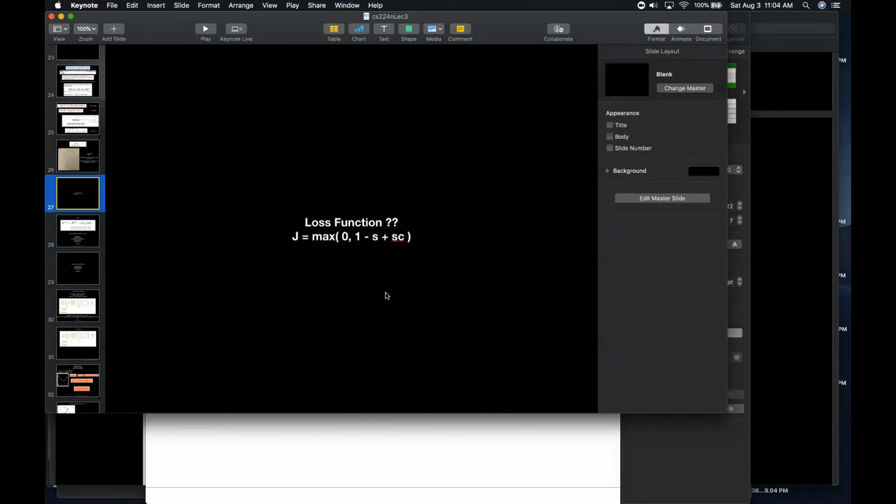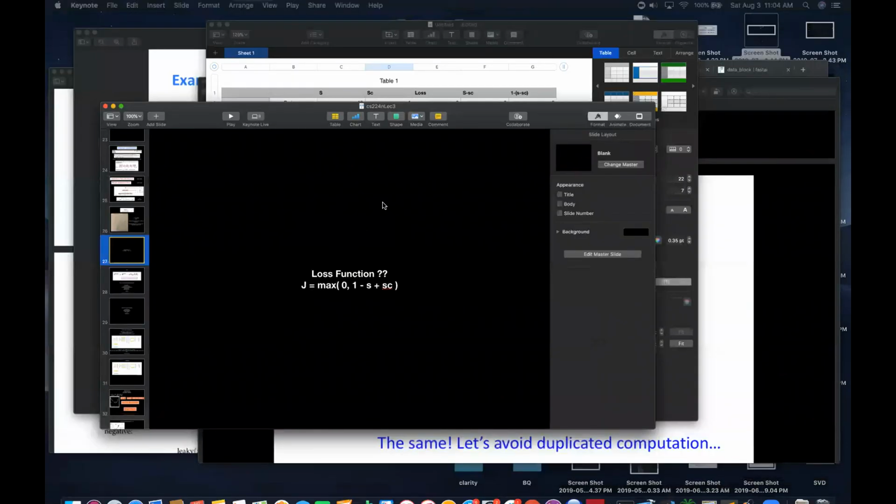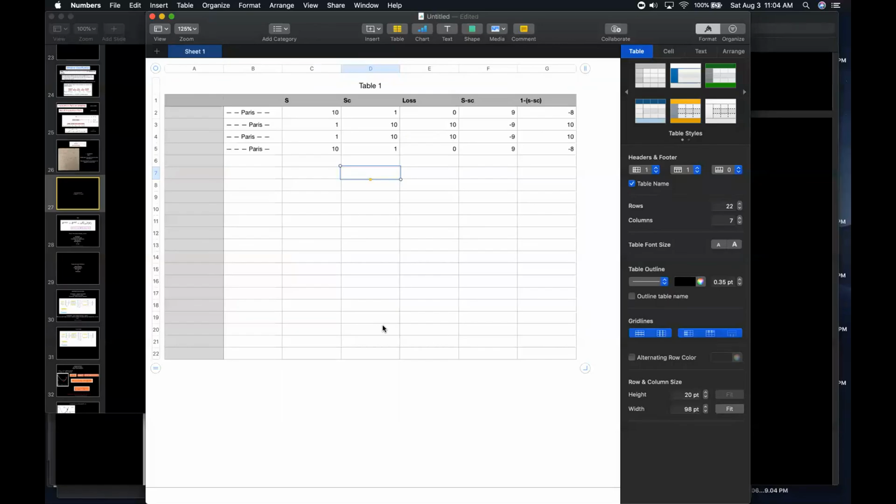If you draw the curve, it's similar to ReLU. If the function is greater than 1, it would have the value of 1 minus S plus SC, the max of that, until 1 minus S plus SC is negative. I'm not too sure whether I'm correct, but that was my analogy. I just wanted to see if I'm thinking in the right direction or it's wrong.